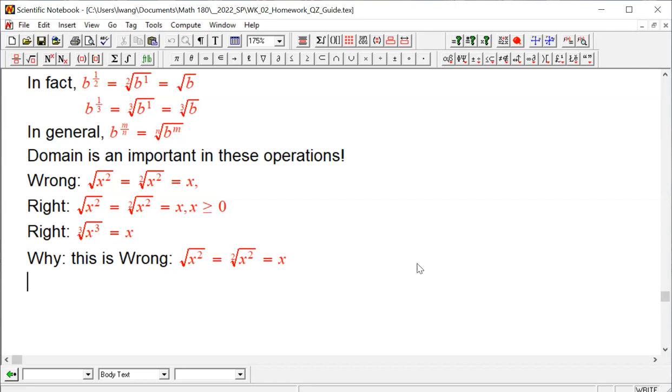Because of domain issues. Okay. The domain for this function, suppose this is a rule, right? This is certainly a rule for this function. It's all real numbers. X can be all real numbers. No problem.